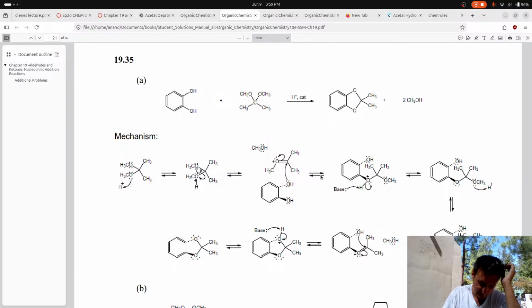And then this dumps into here and kicks it off. And so now this becomes a methanol. And now we have a, what is that called actually? Well, it's a plus, so it's not stable. But then the other comes in.